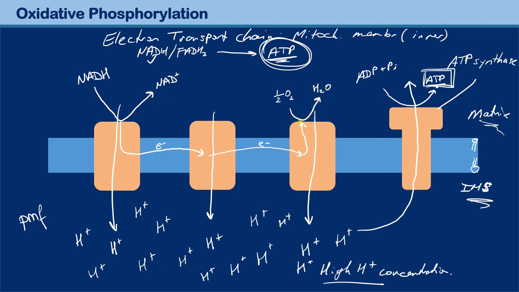And for that, we need the electron. You can say one O2 makes two H2Os, but then you need more electrons. But the idea is that the oxygen over here is our final electron acceptor.